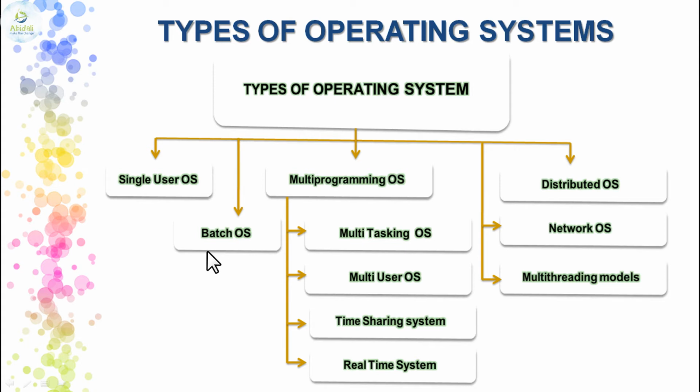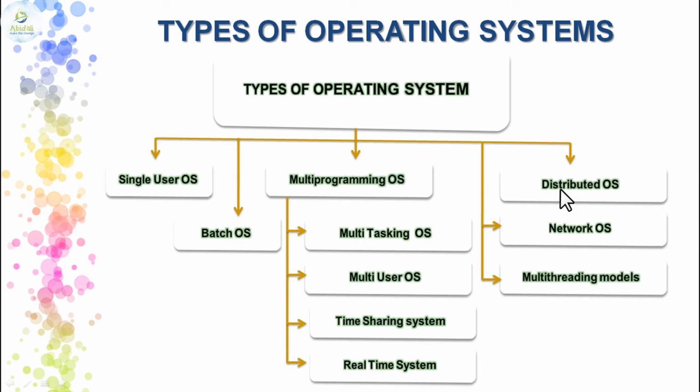Batch operating system, and the multi-programming operating system, which has certain categories again. Multi-programming operating system involves multitasking, multi-user, time sharing and real-time systems. All these are involved under the multi-programming operating system.